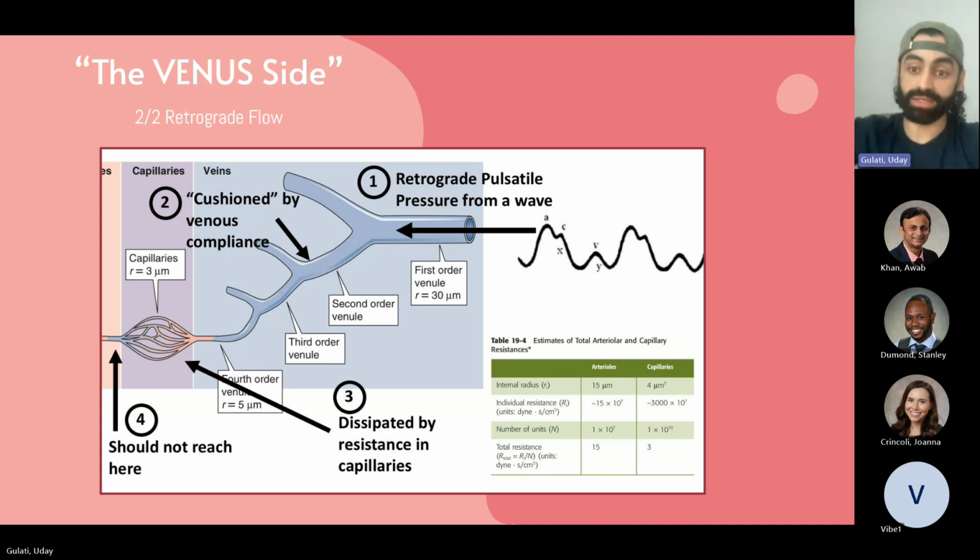You can start to see pulsatility from the heartbeats going backwards in the venous system. And the more congestion you have, the further back into the venous system you get to see that pulsatility. So it goes all the way from your CVP, into your superior vena cava, to your inferior vena cava, to your hepatic vein, to your portal vein, to your renal veins. And that's what the VEXUS scan does.